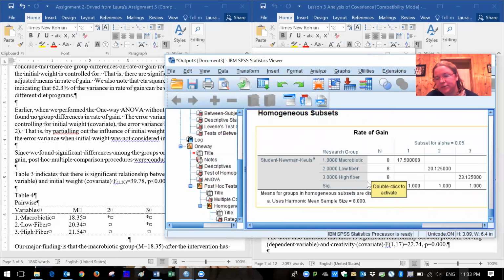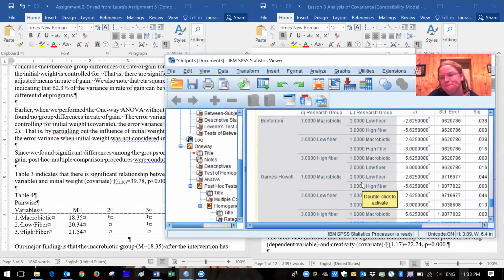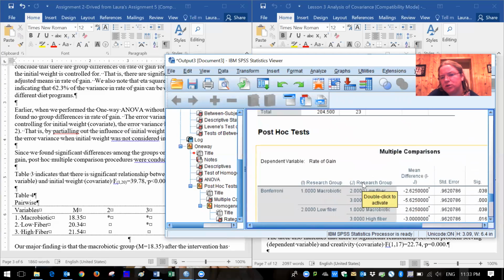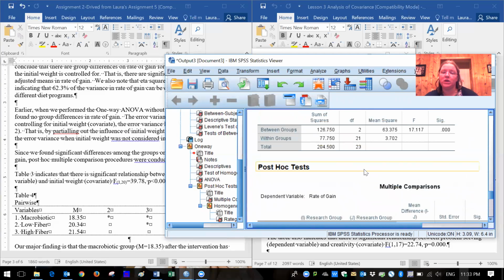I must be doing something. Well, I know what it is. That's interesting. Okay, well, this part of the analysis you don't have to really talk about, I don't think.